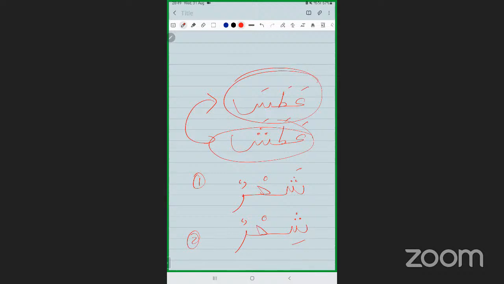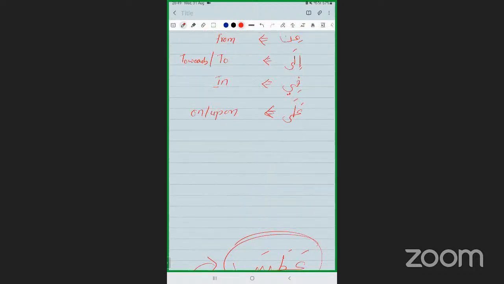Sharun. And the second one is? Sharun. See, with this fatha and this kasra, there is no change except this fatha and kasra. This means hair. And this means poetry. Only fatha and kasra is making a difference. So we have to be really careful when reading this.